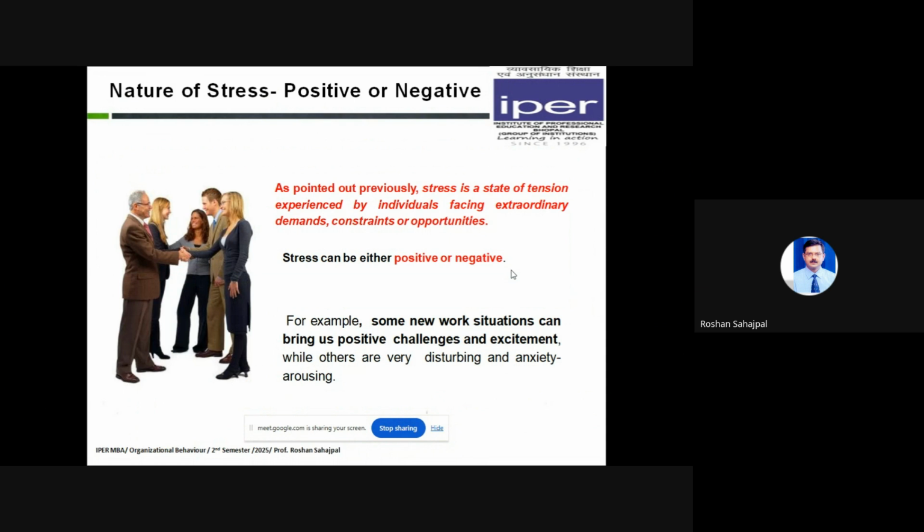If a workplace is slightly challenging in nature, and you try to meet that challenge and that brings out the best in you, then that tension is positive, and this is called positive stress. But beyond a limit, if it's continued for an unreasonable or prolonged period of time, it becomes disturbing, and it raises your anxiety, and therefore it enters the domain of negativity. It's called negative stress.